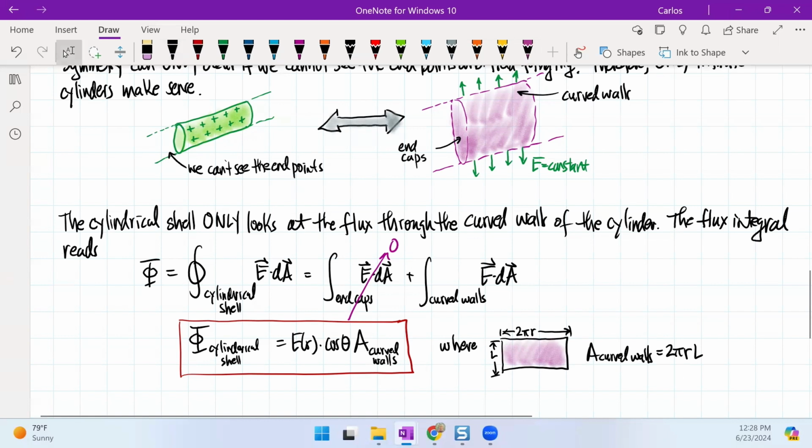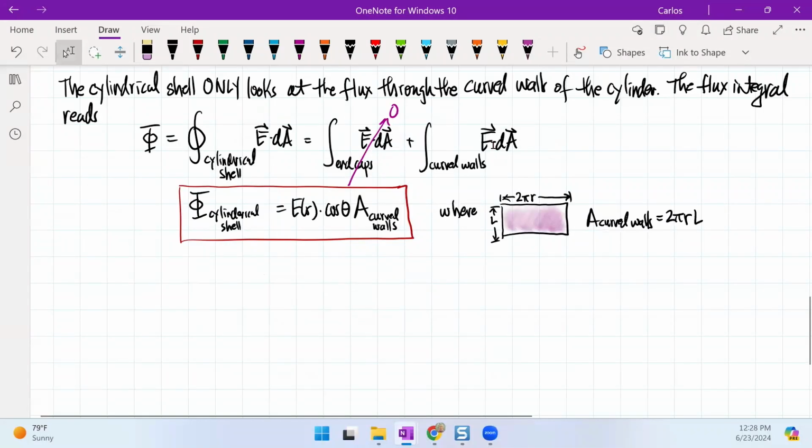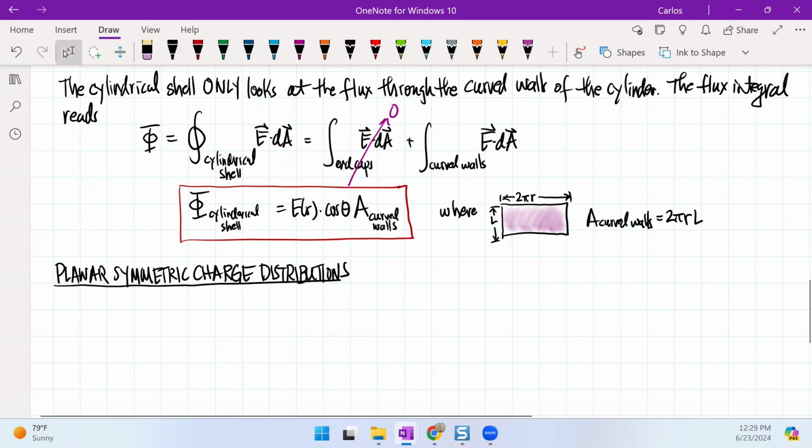Now, the last one that we want to look at is planar symmetric charge distributions. Once again, this is very, very similar to what we said in the previous example with the cylinder.